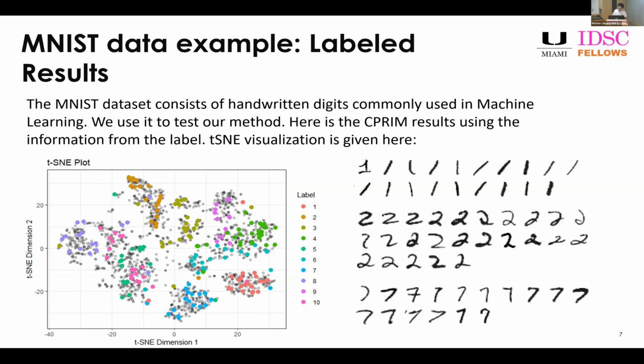It reduced the size of the data, and at the same time, in general, keeps the original distribution, right? And on the right-hand side, we select some of the digits and draw these data points out.